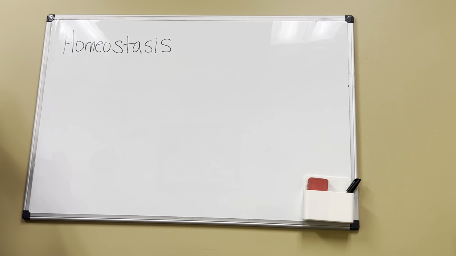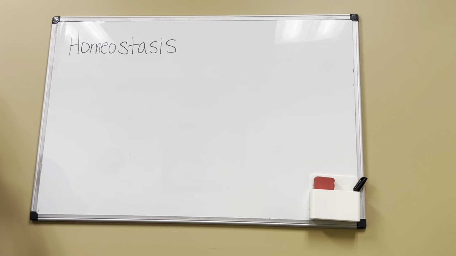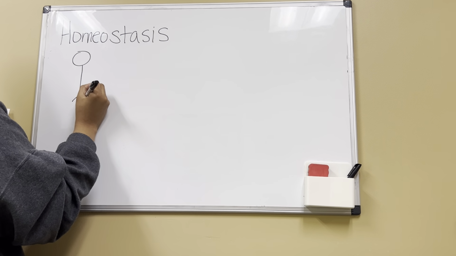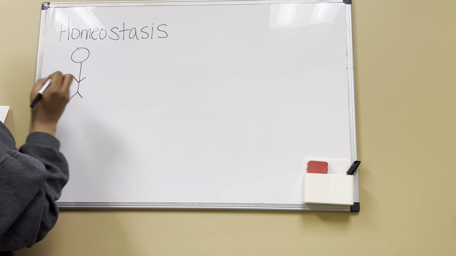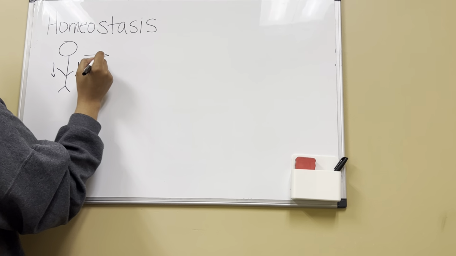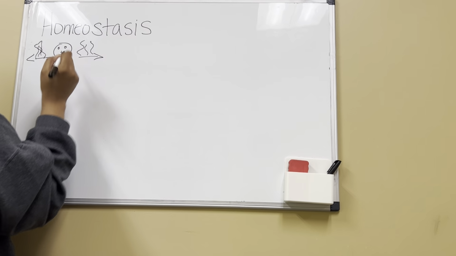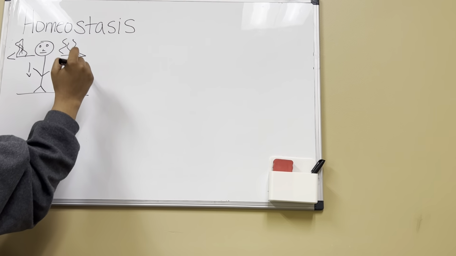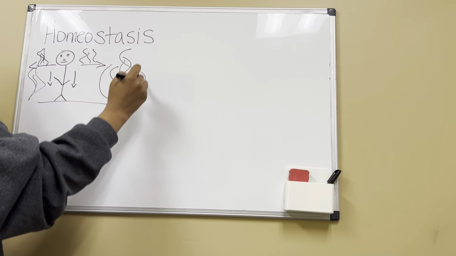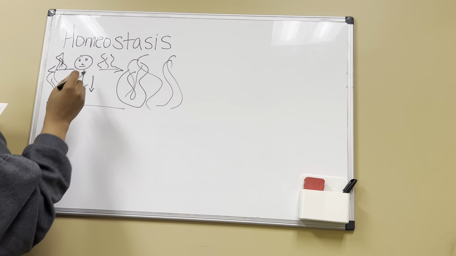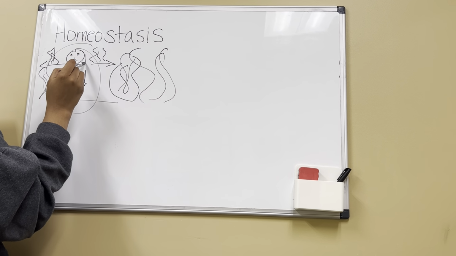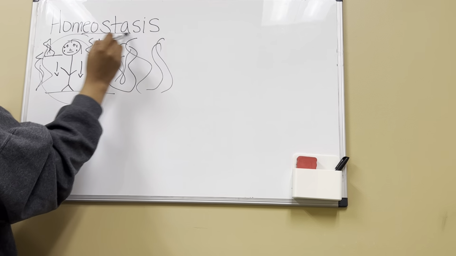Okay, so homeostasis is the process in which a living organism maintains a stable environment internally, no matter what the external environment has going on. In this case, this person is in a place where there's some fire. With the fire going, the body temperature rises and the person is going to sweat to stay in homeostasis.